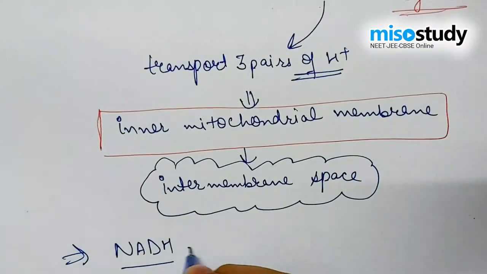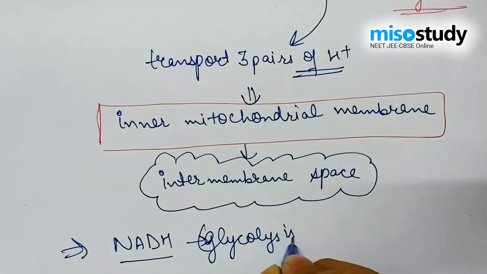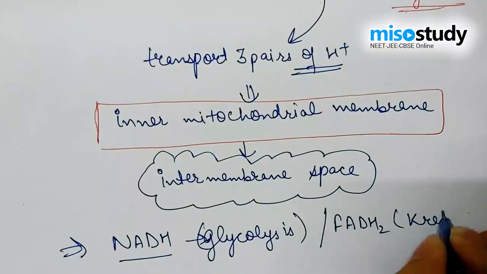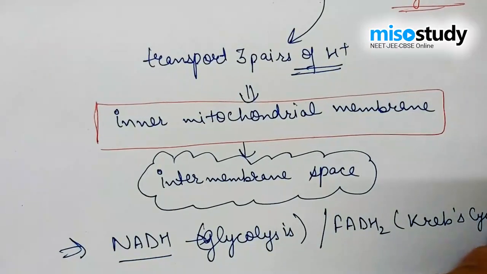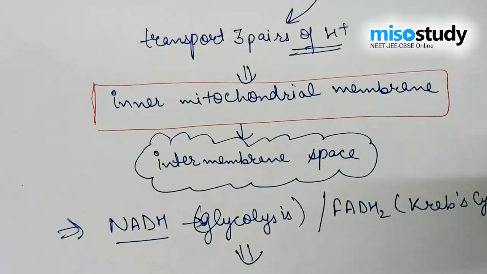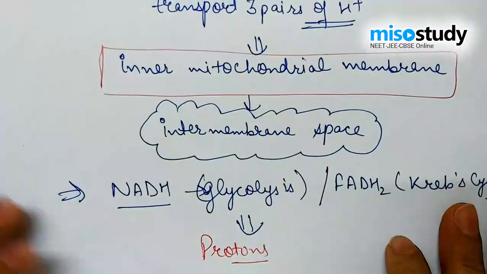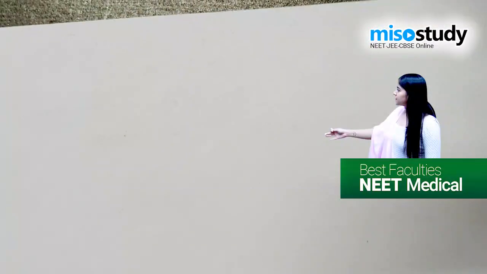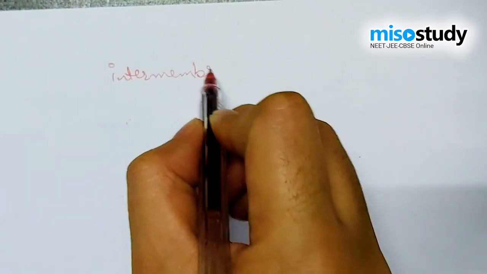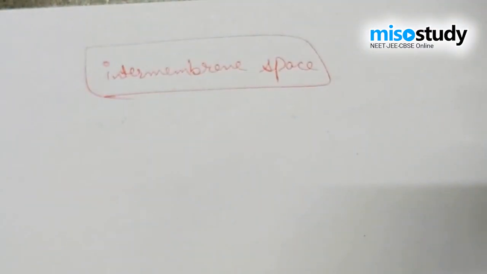Similarly, NADH that comes from glycolysis, and FADH2 that comes from the Krebs cycle, also transport their protons, that is H+ ions, into the intermembrane space.